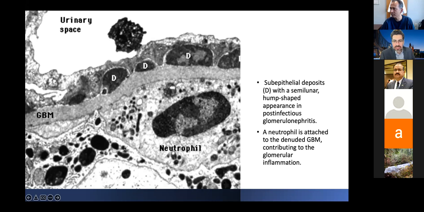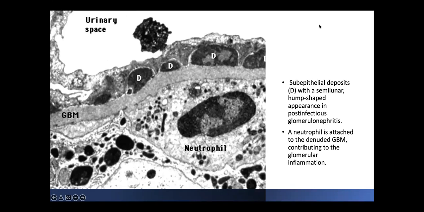Vas, would you walk us through this slide, because this is important. I think the location was subepithelial, right? Yes. So this is a capillary lumen, this is a neutrophil, and this is the basement membrane. This is the urinary space, and these are the deposits.